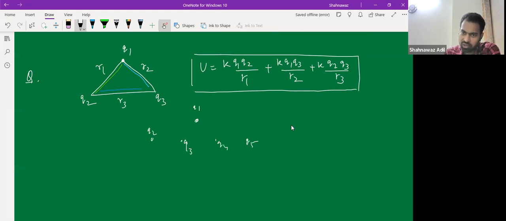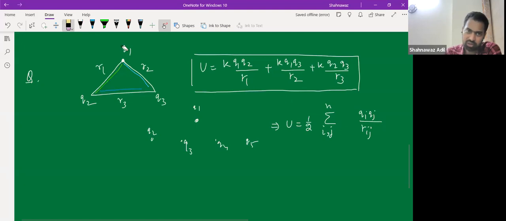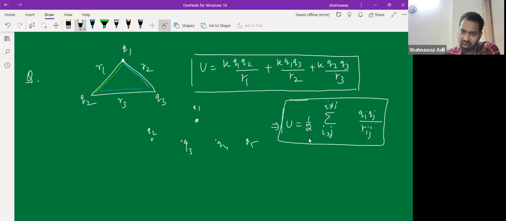The potential energy is written like this: 1 over 2, summation over i and j, where i is not equal to j, going up to n, of K qi qj divided by rij. This is the general formula. Why does this half come?